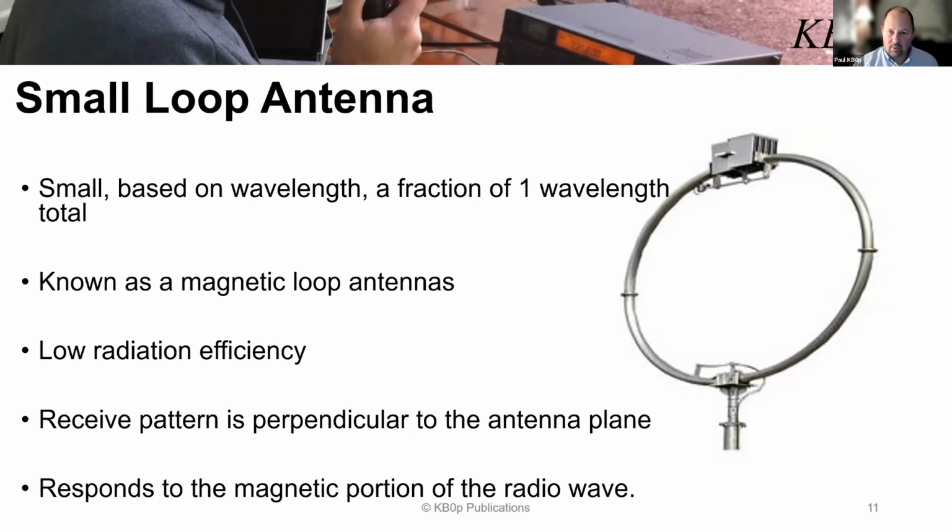Now, small loop too, if you want to get a little bit technical, and I don't want to get too technical into this, because the voltage is relatively low around a small loop, because basically it's a dead short circuit, ignoring this capacitor up here in this photograph. So the voltage is relatively low, and because of that, the coupling of this loop antenna will not couple as easily to nearby objects. So that's another reason why they generally are quiet antennas for receiving.